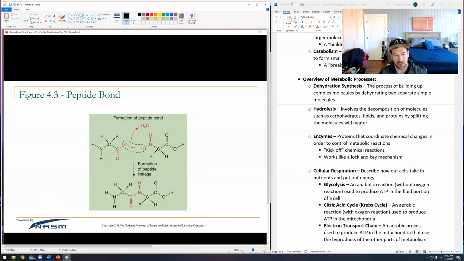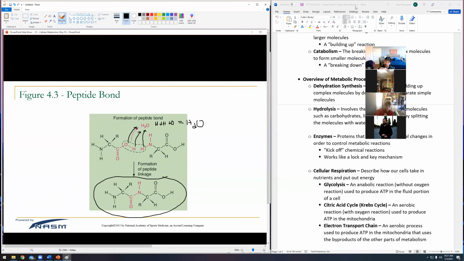And if you pull the oxygen off of this one, and you pull the hydrogen off of that one, and you pull the hydrogen off of that one, you end up with two hydrogens, H plus another H, and you end up with an oxygen, and that's our H2O. And there we go. We dehydrated it. Now we have a linked amino acid.